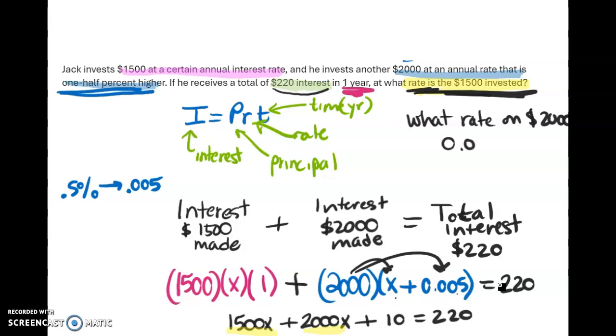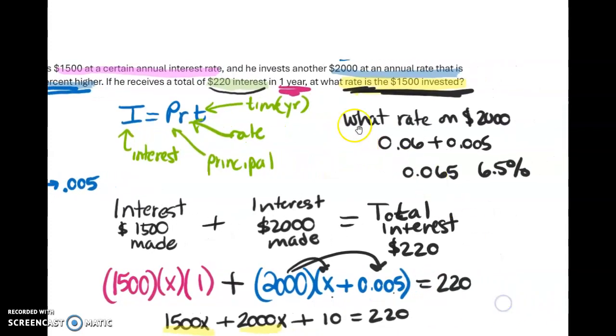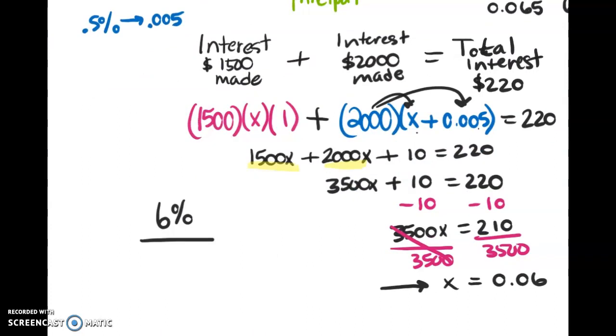So I would say 0.06 plus 0.005, which ends up being 0.065 or 6.5% written in percent form. So we have to make sure that we know which question we are being asked so that we can answer it appropriately. This one is asking for the one for the 1500, so this is my answer here, 6%.